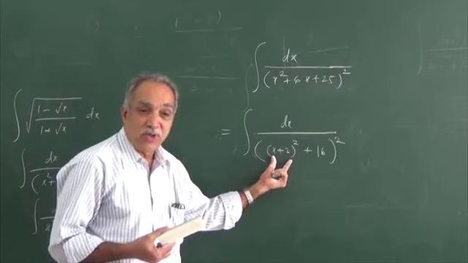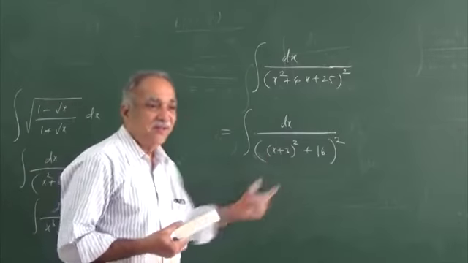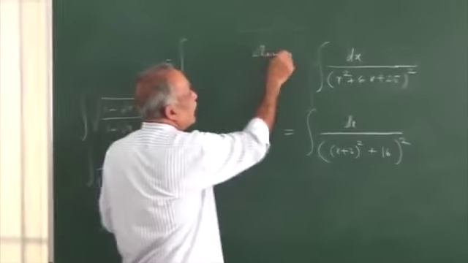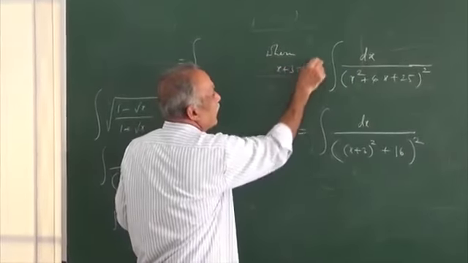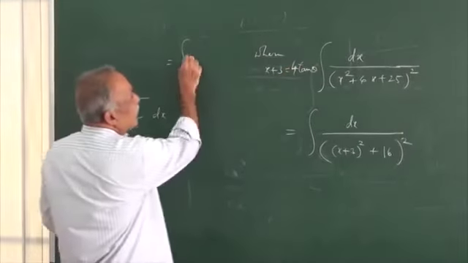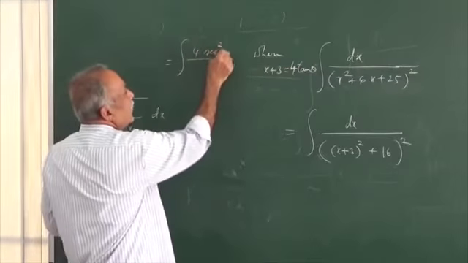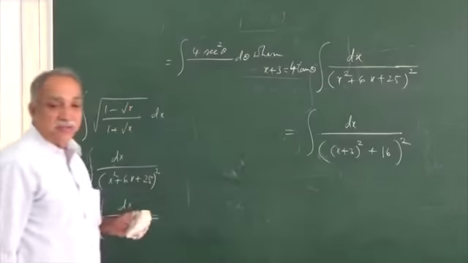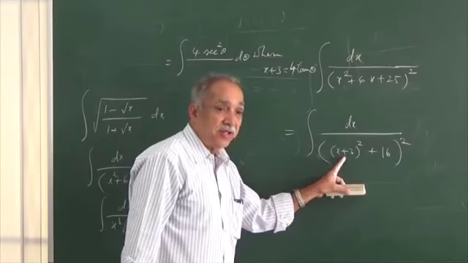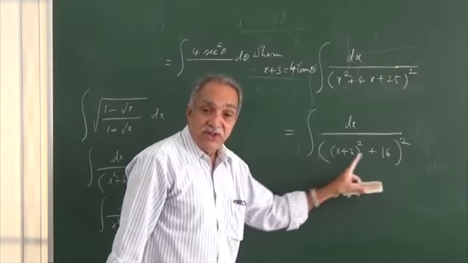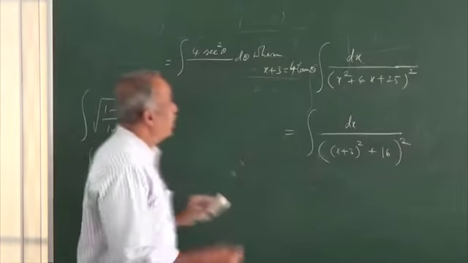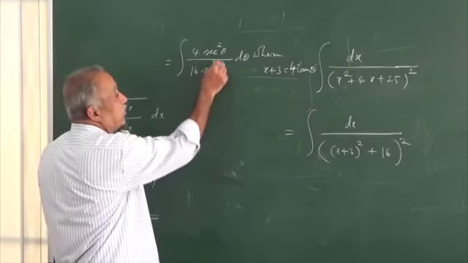Use x plus 3 equal to 4 tan theta. dx is 4 secant square theta d theta. Denominator 16 tan square theta plus 16 is 16 secant square theta. When squared, it becomes 256 secant power 4 theta.